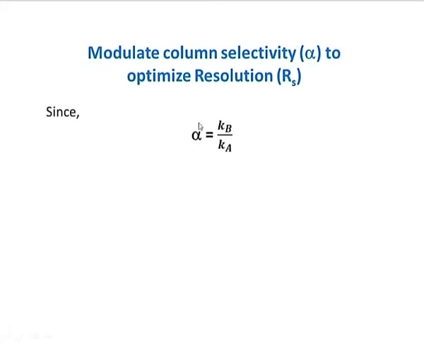It is not easy to manipulate selectivity factor for the following reason. Now, you know that your alpha is equal to Kb upon Ka. So, unlike what I said in capacity factor while we were modulating capacity factors, in this particular case you would want one of the capacity factors of two peaks in question to change differently from the other peak, and that, having said that, is not an easy thing to do.